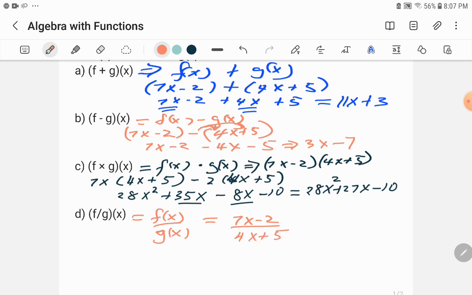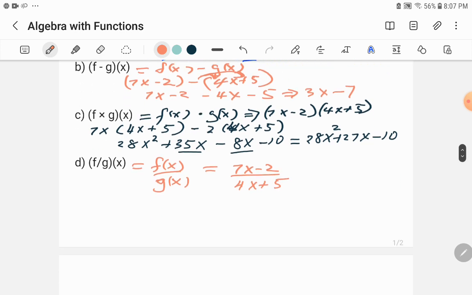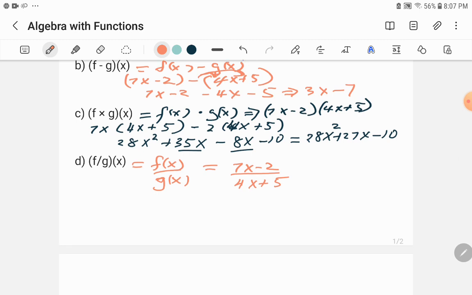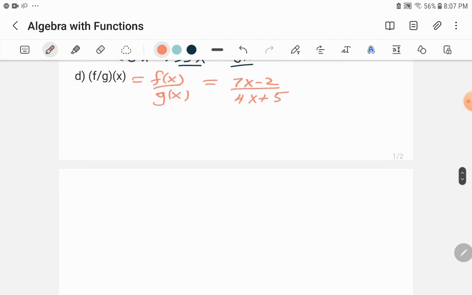Okay, and that's it for this question. Let me do another example, and I'm going to do the same algebra operations. So let's have a second example.